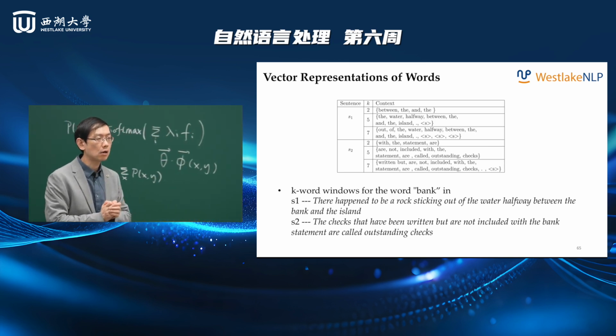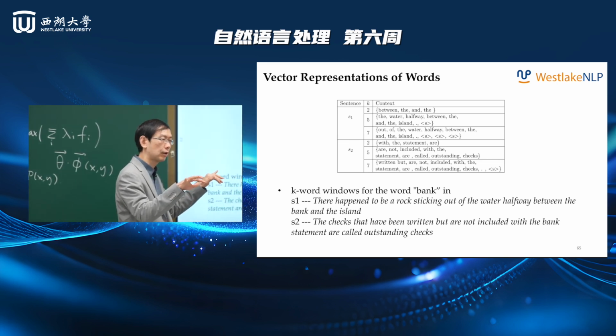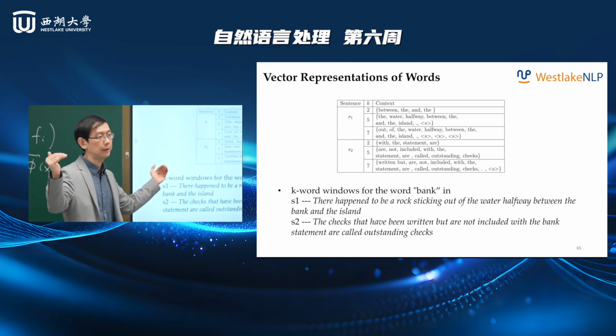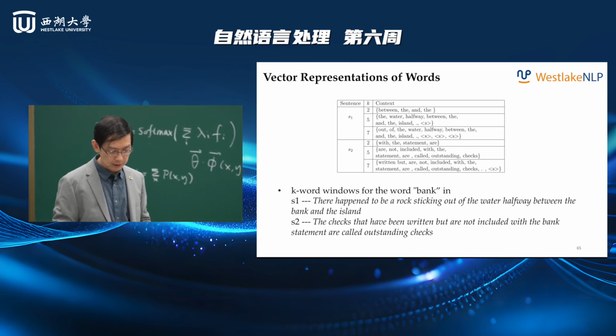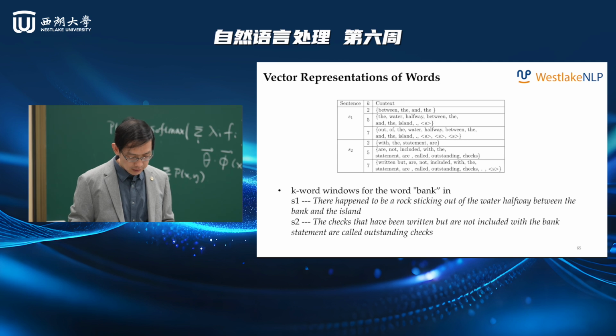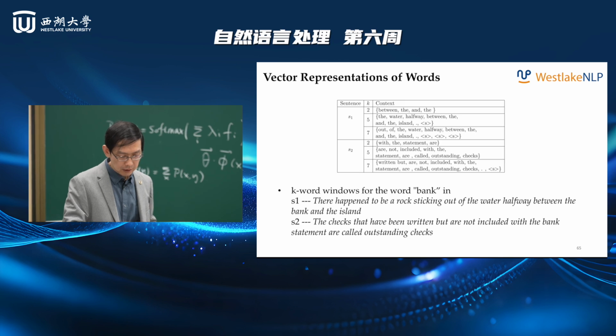For every occurrence of the word, I accumulate its neighbor counts into a vocabulary-size vector. As I show you in this example, when k is 2, I look at 2 words on the left and 2 words on the right. When k is 5, I look at 5 words on the left and 5 words on the right.